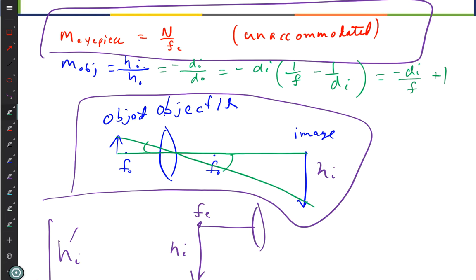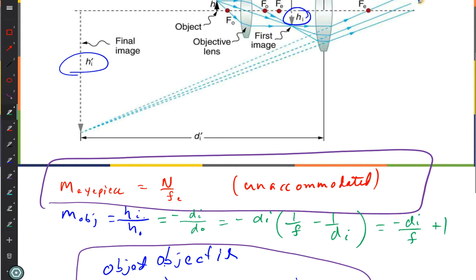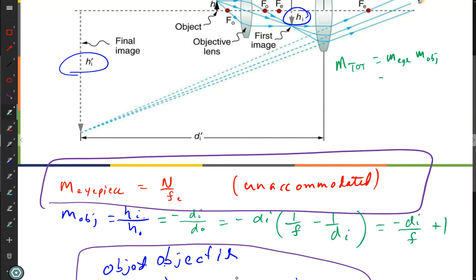There's the magnification of my objective. If I want the total magnification, it's going to be the product of these two. So magnification total is magnification of the eyepiece times magnification of the objective. I should have been clear here: that's the focal length of the objective there.